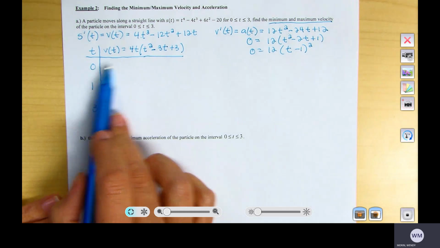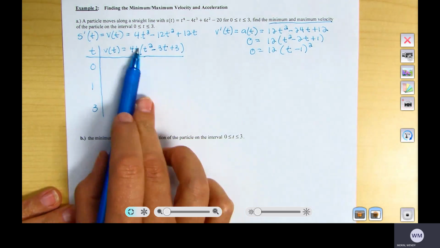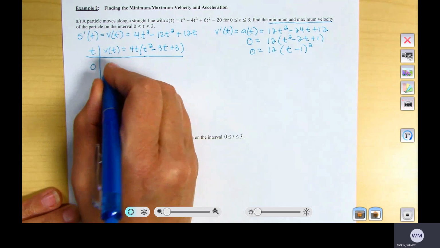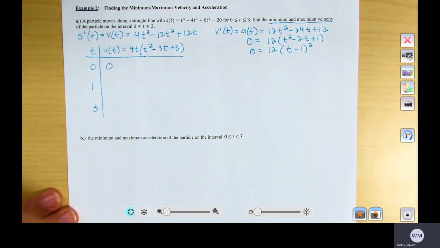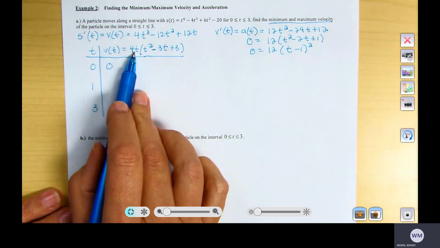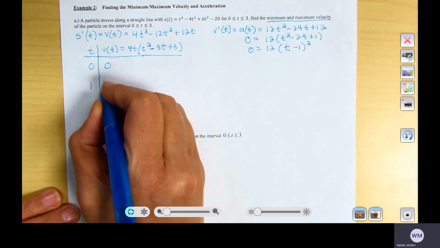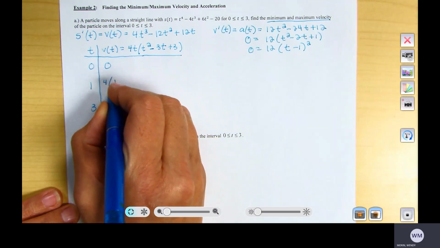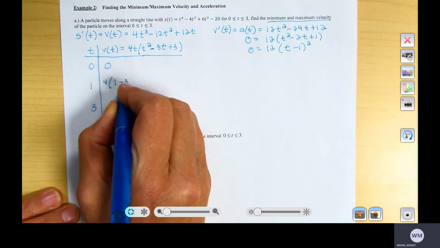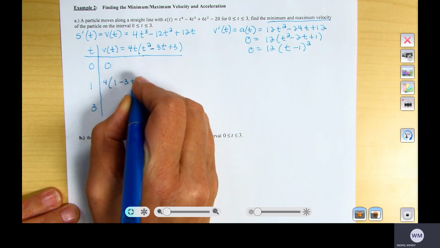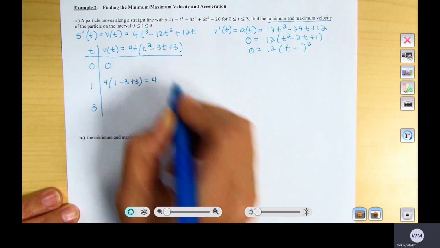So when I plug 0 into t, I'm going to get 0 times anything is 0. When I plug in a 1, I'm going to get 4 times 1 squared minus 3 times 1 plus 3. So that's going to give me a 4.